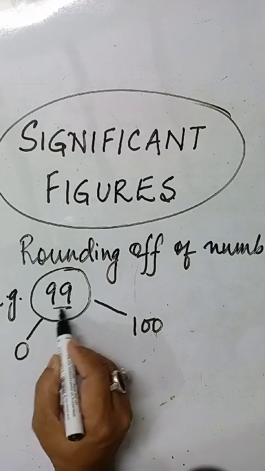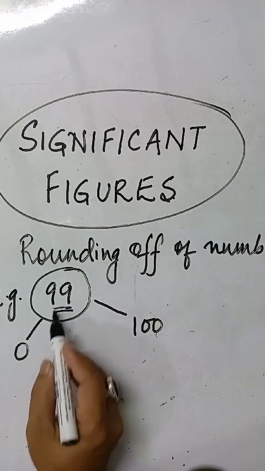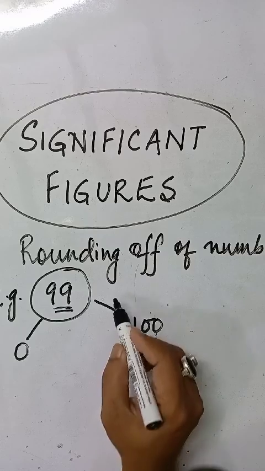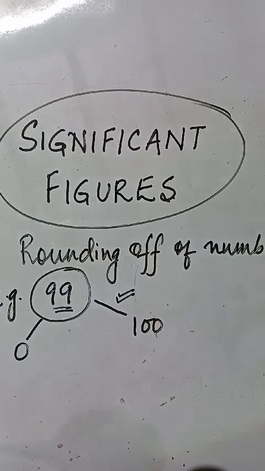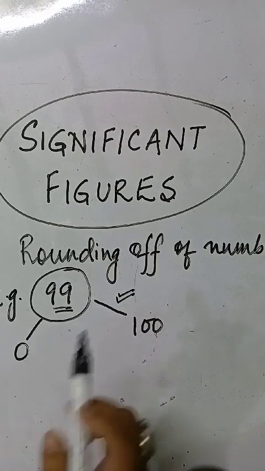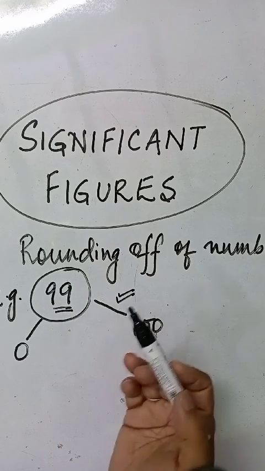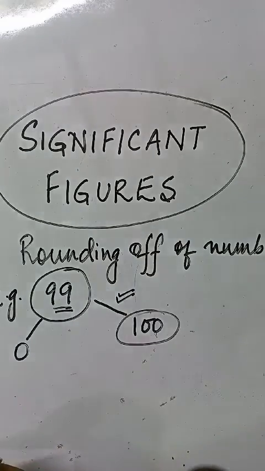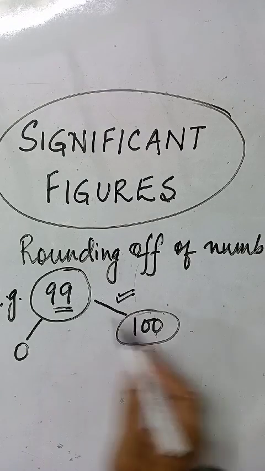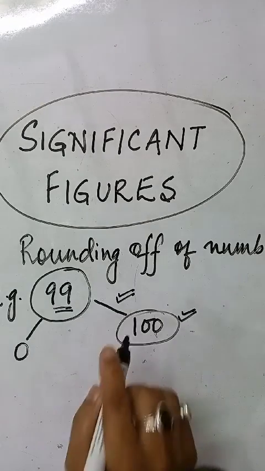So is 99 closer to 0, or closer to 100? The answer quite simply would be 100. So when somebody asks you to round off 99 to the nearest 100, your answer would be 100.